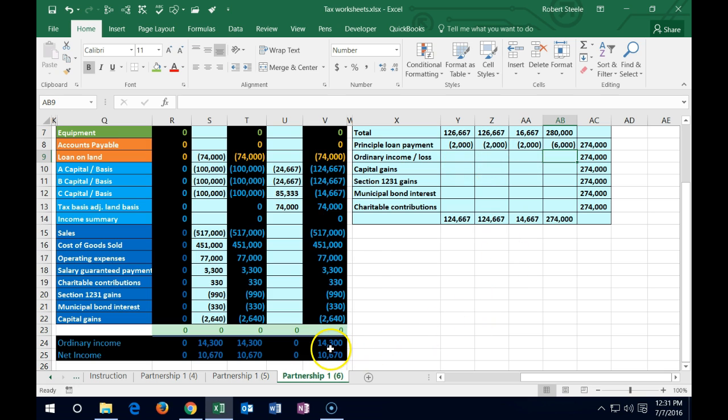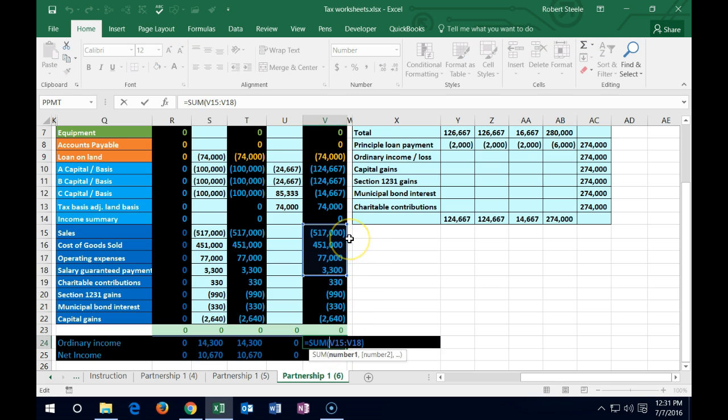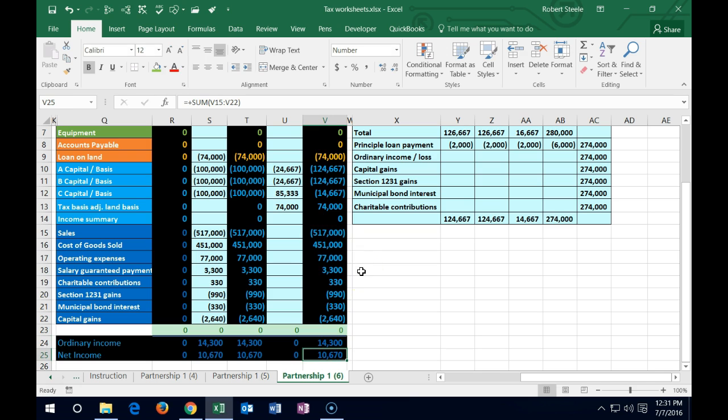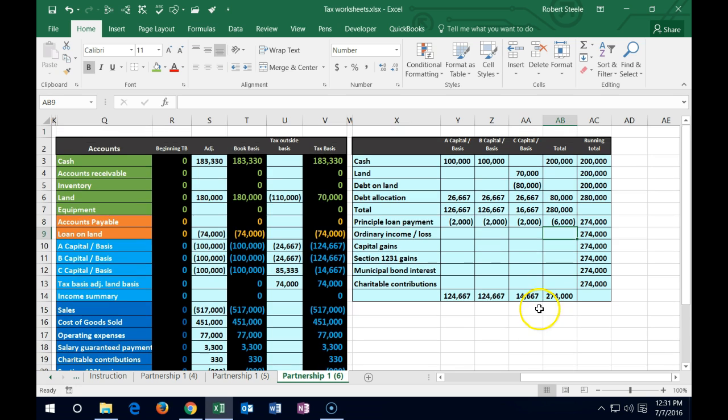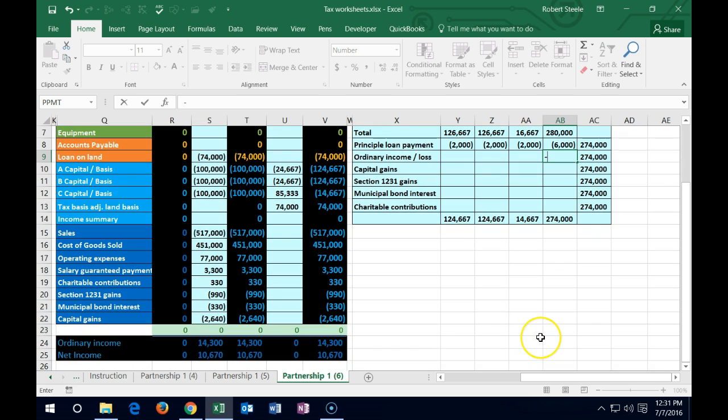Now, note that this is actually a loss. It's a bit tricky because what we're saying here is the sales is less than the costs, so the credits are losing. Sales minus cost of goods sold, operating, and the guaranteed payment means that the debits are winning. And on the income statement, that's kind of bad. So if we were to flip that, over on this side, it's a reduction to the capital accounts because it's actually a loss that we're talking about, in the amount of negative 14.3.